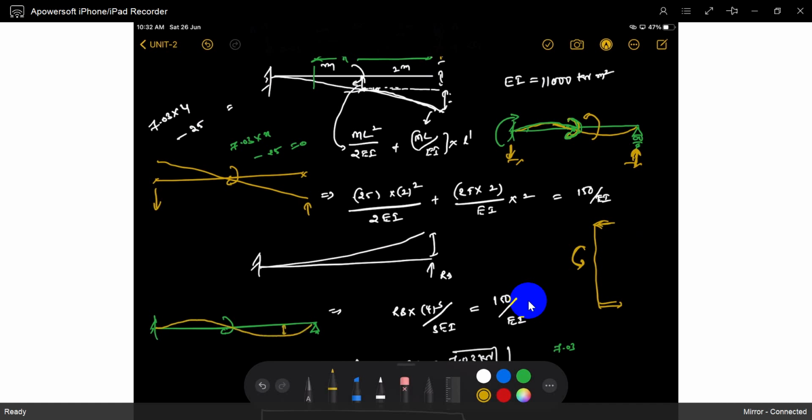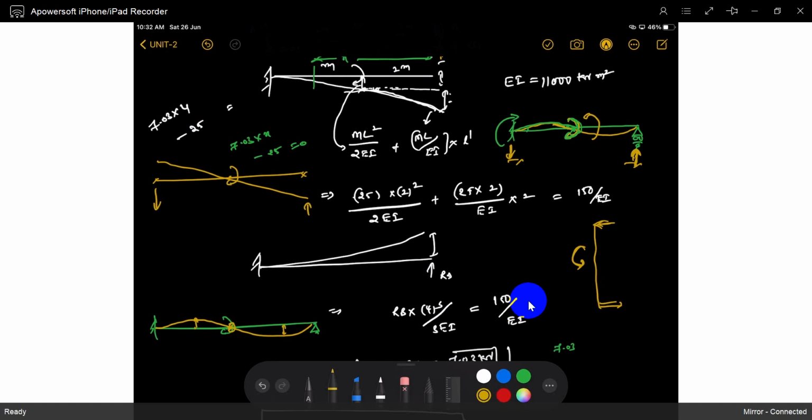So this has deflection points. There is no deflection at this location. Understood? There is no deflection.